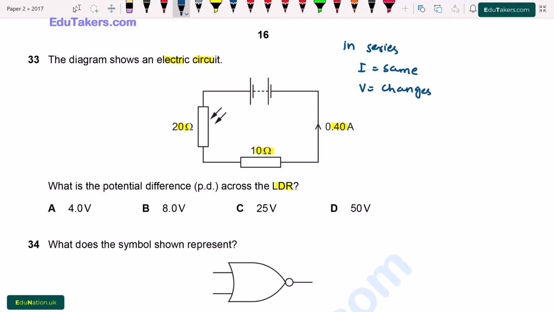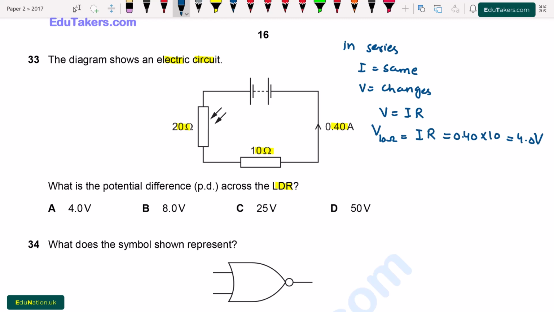First of all, we find out the potential across the 10 ohm resistance. According to Ohm's law, V is equal to IR. So V across the 10 ohm resistance will be equal to current multiplied by resistance R. Current is 0.40 multiplied by 10, so it will be equal to 4.0 volt. Next, we have to find out the total potential of this circuit.